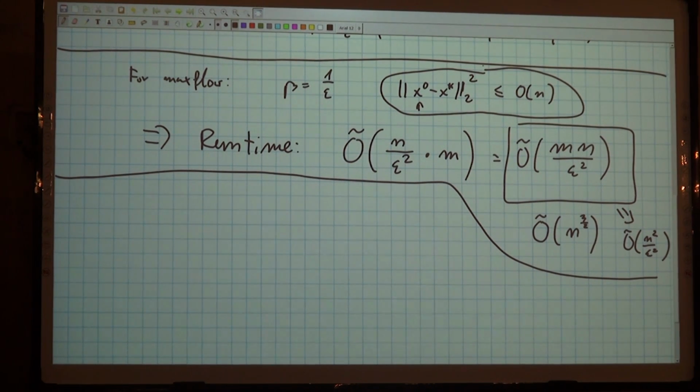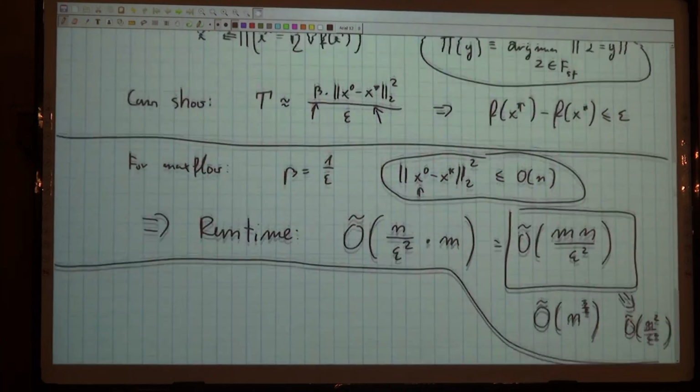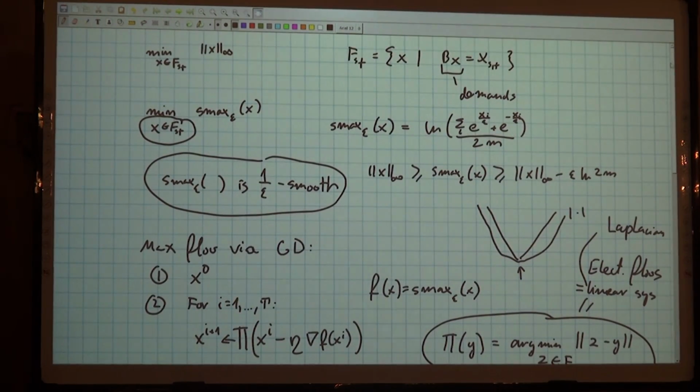But then you realize: why is L2 even the right distance to use here? Yes, it is the most natural notion of distance that we know, the thing we learn in grade school when we think of a distance. But by now you realize that there are other ways of measuring distance, essentially using other norms. In particular, if you look back at the formulation of max flow, there is some other norm, some other distance that seems much more natural for this problem, namely the L infinity distance.